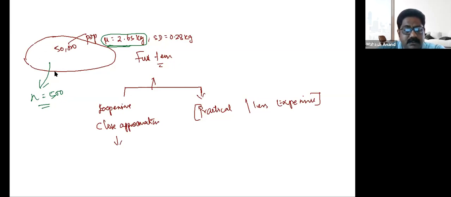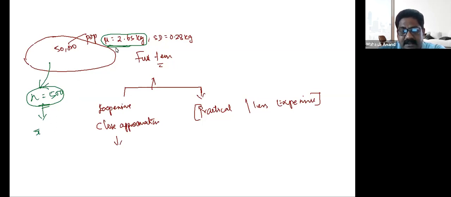Randomly, I select samples across the country, without any bias. I collect 500 samples and calculate the mean of those 500 samples. That mean I record as X bar.